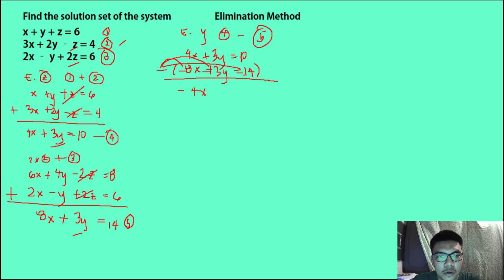So since common itong dalawa, makakancel na ito, 3y. Okay, then we have negative 14 plus 10, that is equal to negative 4. Okay, solving for x, we divide both sides by negative 4. So we have x is equal to 1. Ayun, nakuha na natin isang value.